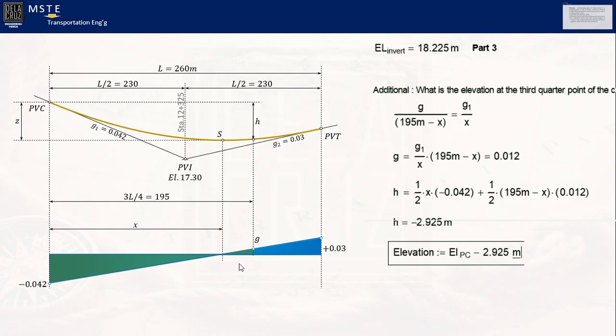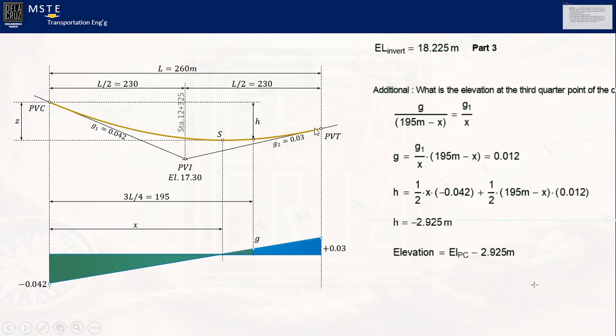Okay, why? How important is it that we consider the negative sign? Suppose they ask, what is the elevation of PT? Here, PT. They ask, what is the elevation of PT? So, if you have the value of this one, suppose we don't have the elevation here. If you have the elevation here, then we need the difference in elevation between this and the PT.